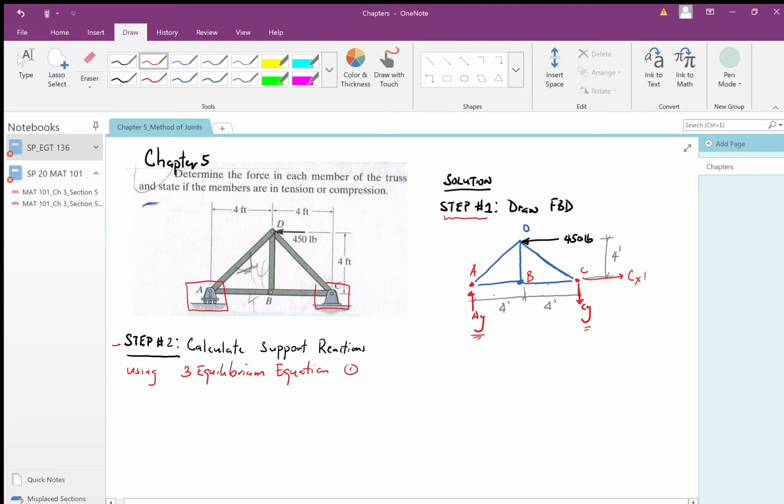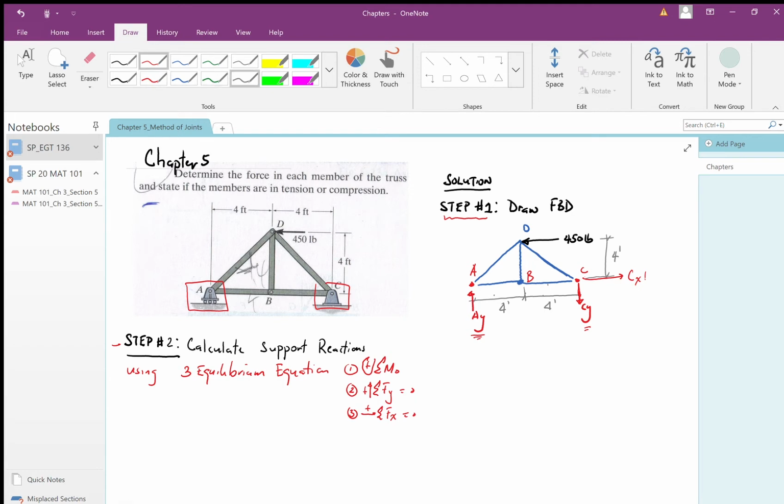One of them is the sum of the moments about any point, and I'm always taking clockwise to be positive. Then the sum of the forces in the y direction equals 0, and then the sum of the forces in the x direction equals 0. I'm taking that direction to be positive. So these are the 3 equilibrium equations that we typically use.